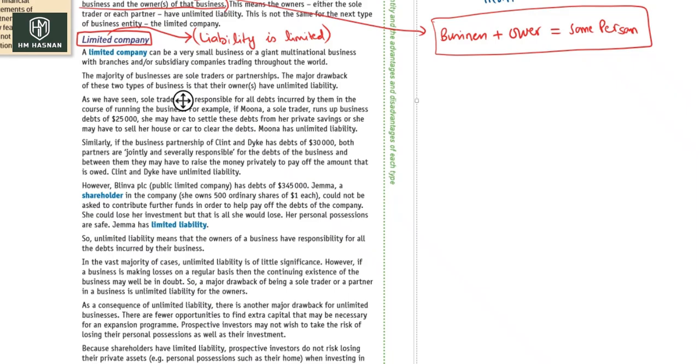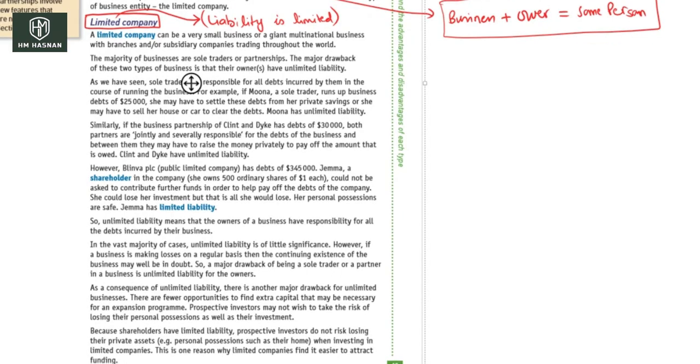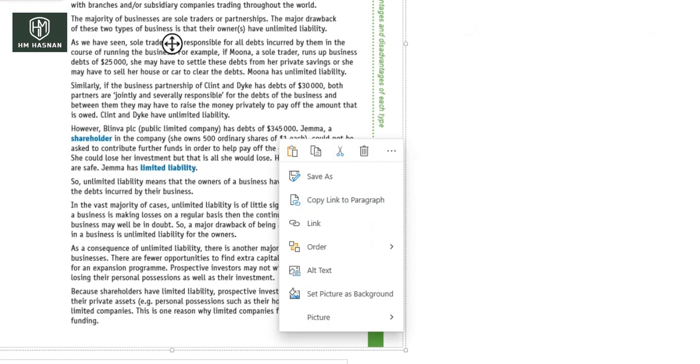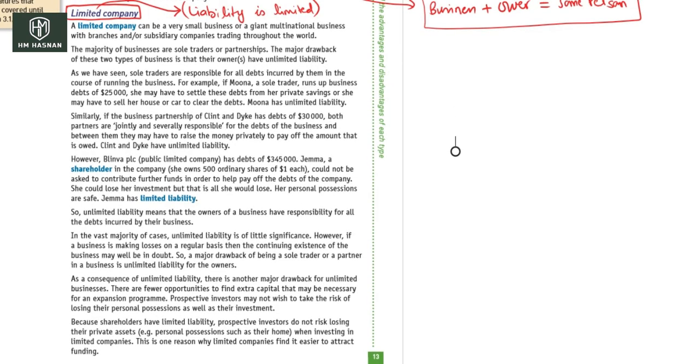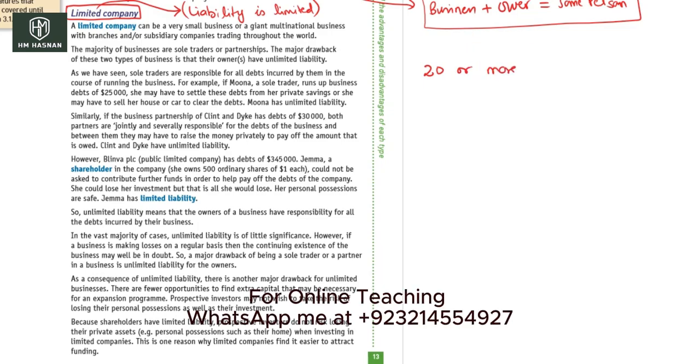What is a limited company? Limited company means 20 or more persons actively involved in the business, actively involved in the business for doing some task.